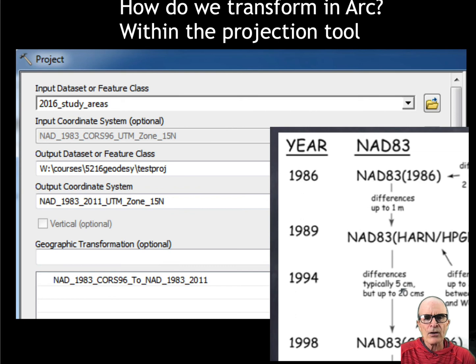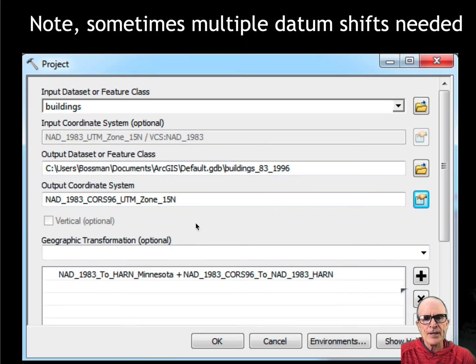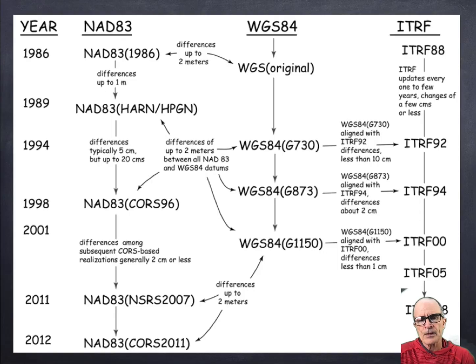So if you look at Arc sometimes, you'll get these multiple column transformations where they'll talk about there's this one plus this one. There isn't a direct one from the Harn to the CORS 96, right? They'll have to go through some intermediate one to get there.